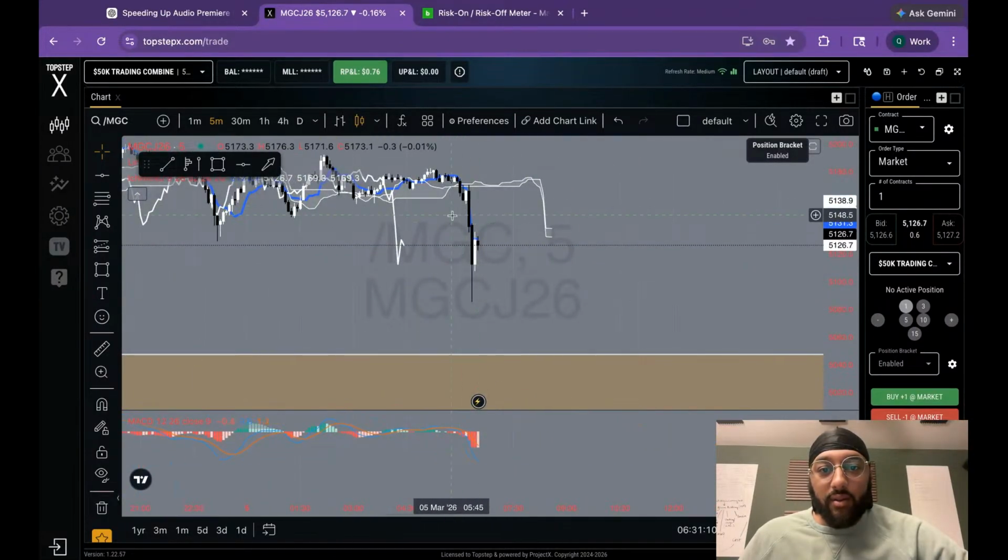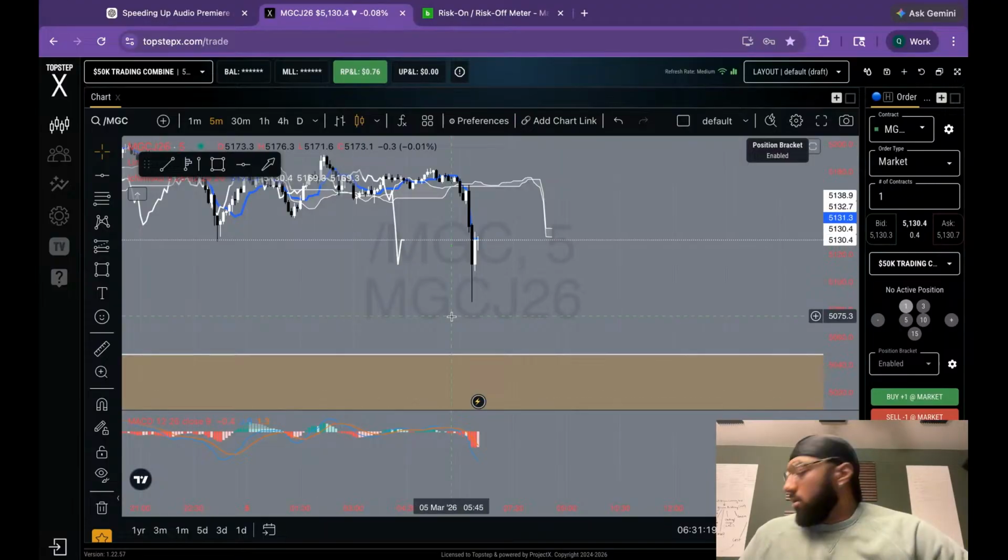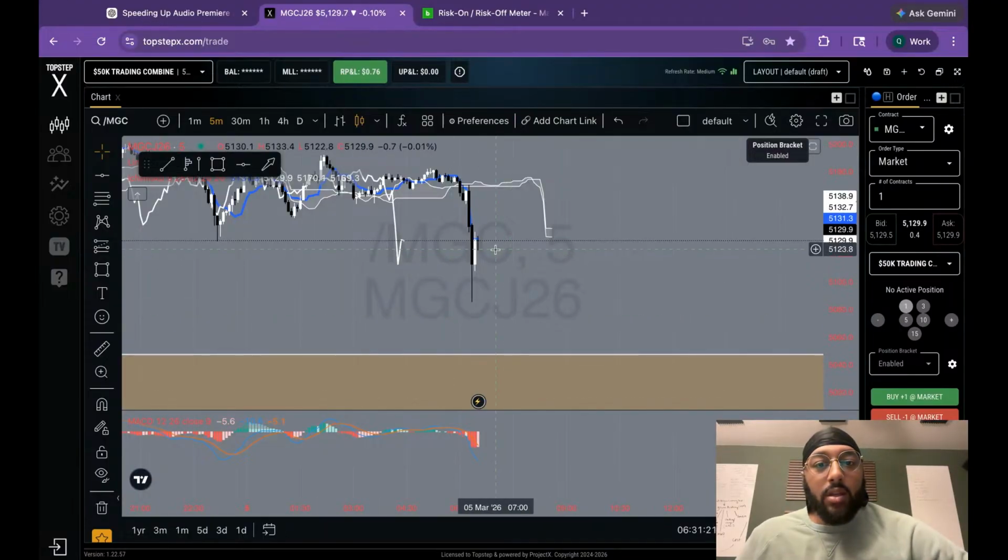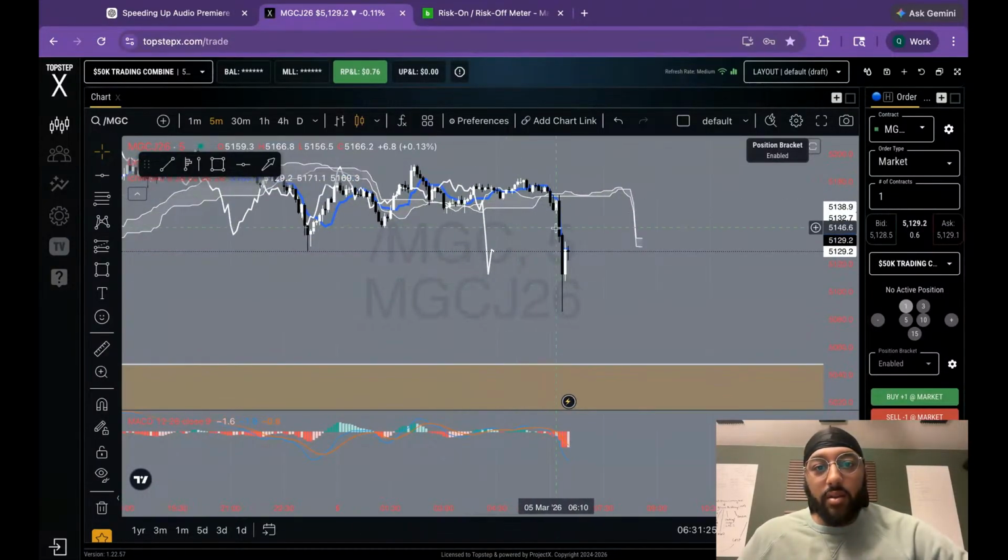Kind of left a little inefficiency to the upside. So yeah, these two candles particularly here, and again here I'm sitting on a 5 minute. Good strong bearish candles.